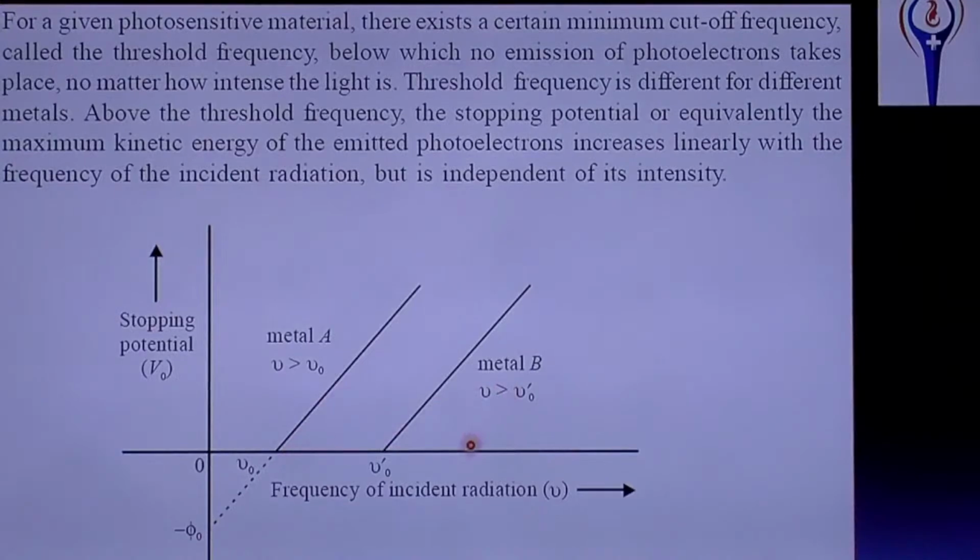For metal B, nu is greater than nu naught dash. Nu naught is the cutoff frequency, it is different for different metals. So this cutoff or threshold frequency is different for different metals.